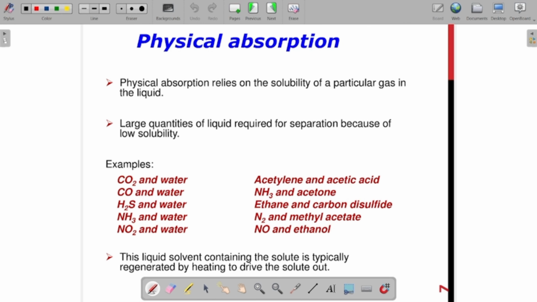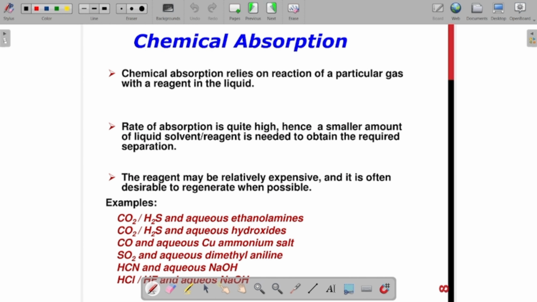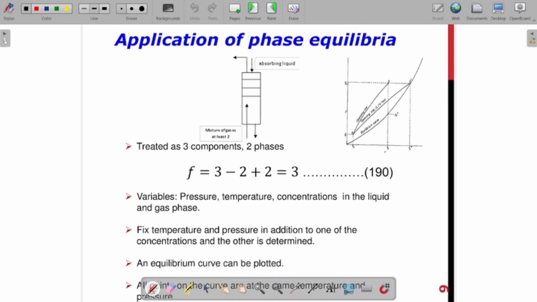You know that absorption can be physical. So as you can see, if you have CO2 and water, you can have this. You can also have all these things. They are all physical absorptions. In chemical absorptions, you can have all these things also to be parts of them.